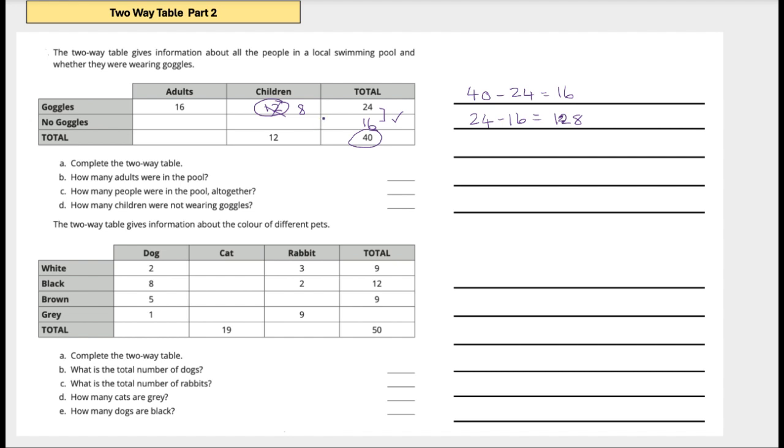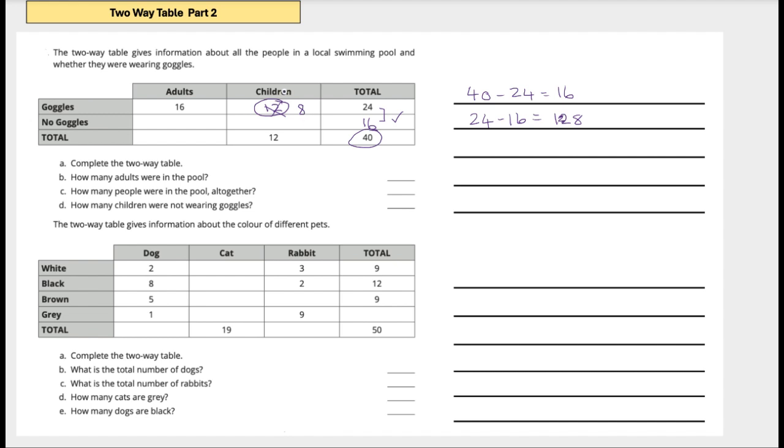That just shows that you do need to check your answers as you go along, because if I'd left that 12 in, everything else would be wrong. And when the questions get bigger and there are more numbers missing, it's really important. So just learn this while we're on a smaller scale.